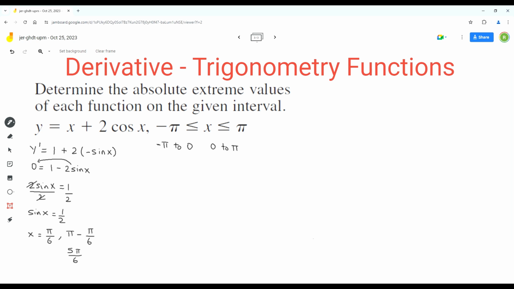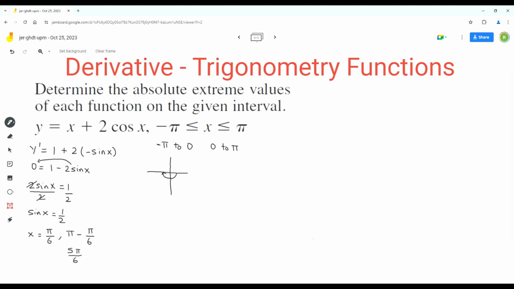Now from negative pi to 0, this interval covers quadrants 3 and 4, because we have to go in the clockwise direction from the positive x-axis. So I can just show it to you here. So 0 to negative pi goes like this.